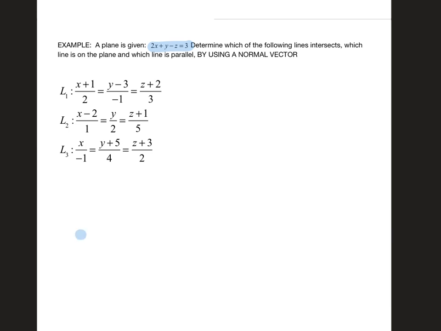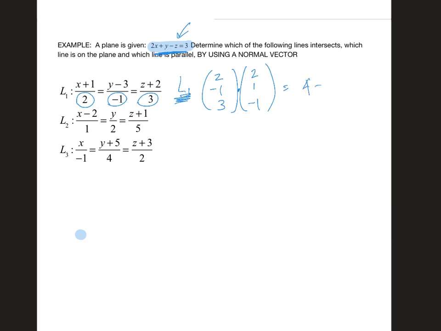So for line 1, I know which direction this line is going because of these denominators. If I take the dot product of that direction with the normal vector from the original plane, 2, 1, negative 1, and it equals 0, then I know the line is perpendicular to the normal.